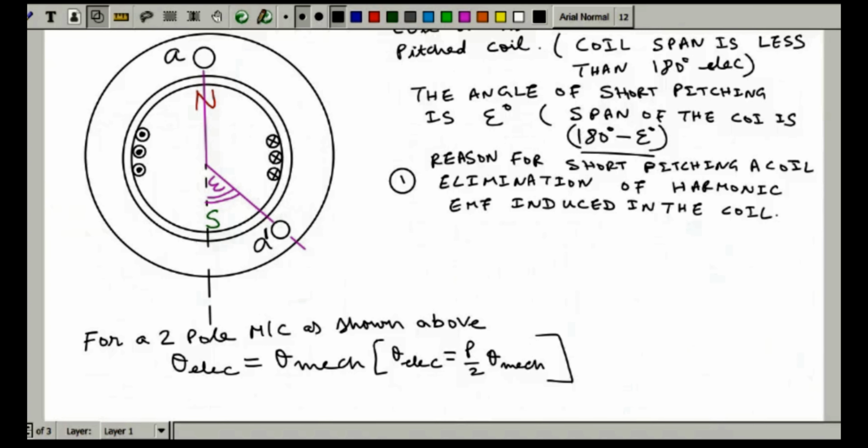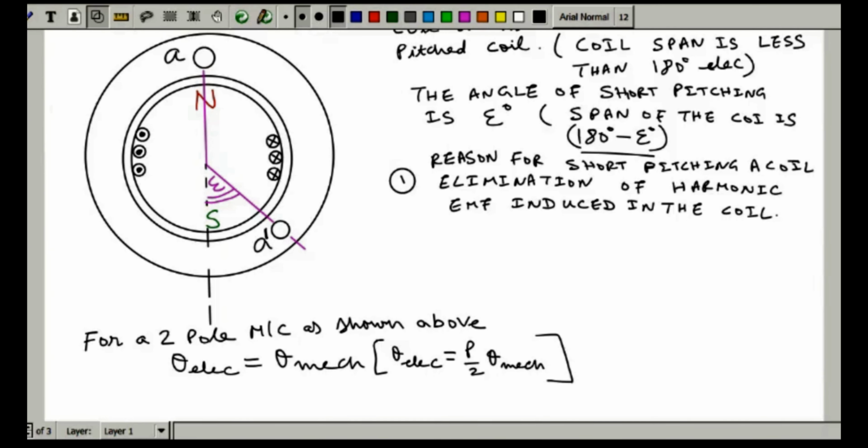Likewise, the effect of the 9th order harmonic will be more prominent compared to the 11th. So as the order of the harmonic goes on increasing, its effect becomes somewhat negligible. You can ignore it. So when we are going for short pitching a coil so as to eliminate the harmonic EMF, we usually eliminate the harmonic EMF corresponding to a lower order harmonic, maybe the third or fifth harmonic, like that.